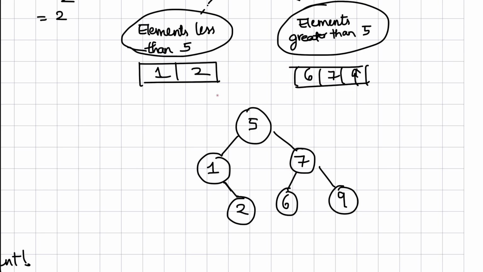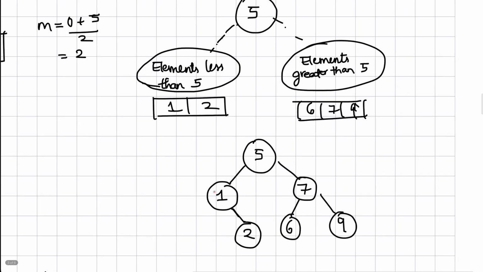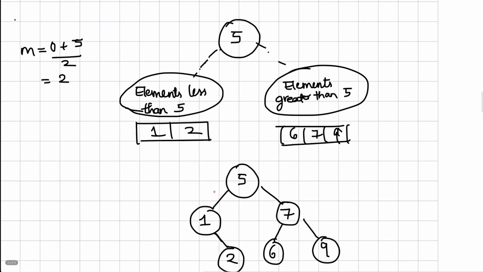And for elements less than 5, this will be my mid, the root node of the left subtree, and 2 is going to be the right child. So we have grasped this intuition.